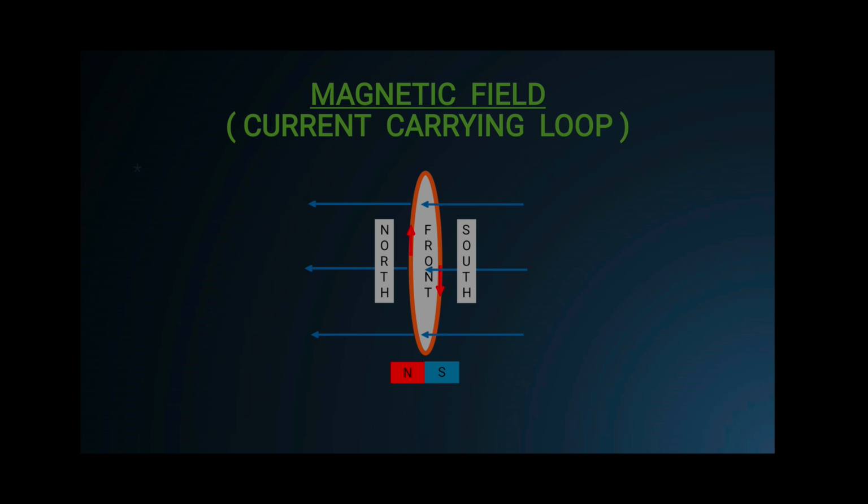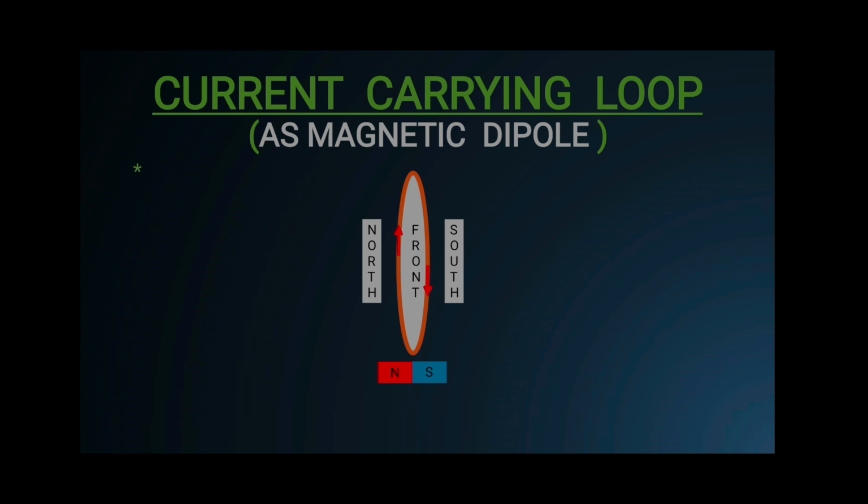So if we compare the current carrying loop with a magnetic dipole, it can be stated that front face of the current carrying loop behaves as a south pole of dipole and back face behaves as north pole. So current carrying loop behaves as a magnetic dipole.